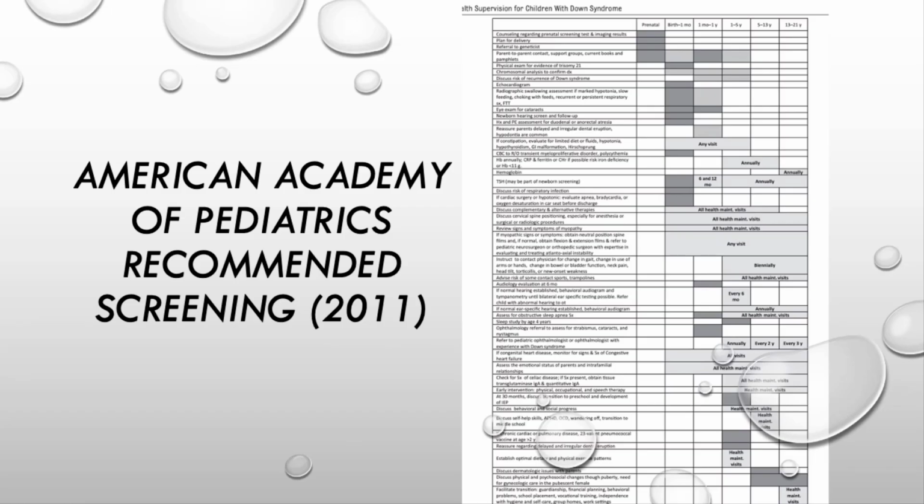So if you go to this article, and of course this is not really legible, I apologize, it's not meant to show you in detail what goes on, but if you pick up the paper and look at the PDF file, you will find a very clear explanation of what needs to be looked at and when in the lifespan of an individual that has Down syndrome, from hearing checks to thyroid screens to celiac to sleep apnea, etc. All of these are very well described, and this can be followed by your pediatrician to make sure that you get all of the regular things that any baby or child or adult will get in a medical exam, but in addition the things that are specific for Down syndrome.